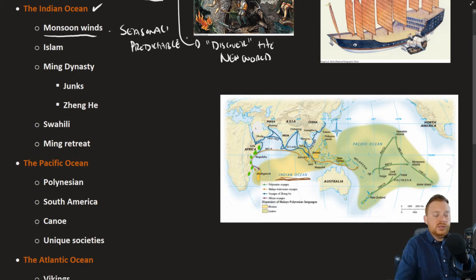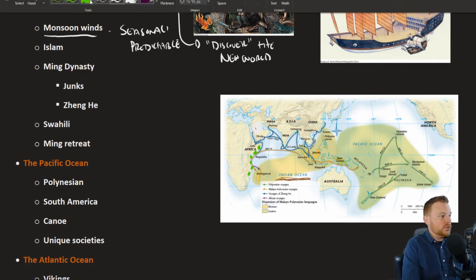So people in the Indian Ocean could count on the winds blowing a certain direction during the summer and fall months, and then during the winter and spring months it would blow the other direction. And because it was predictable, one could at least have a little bit more reassurance having traveled over open water, right?